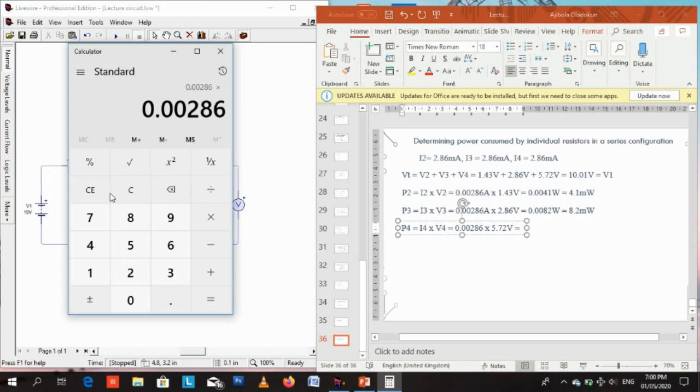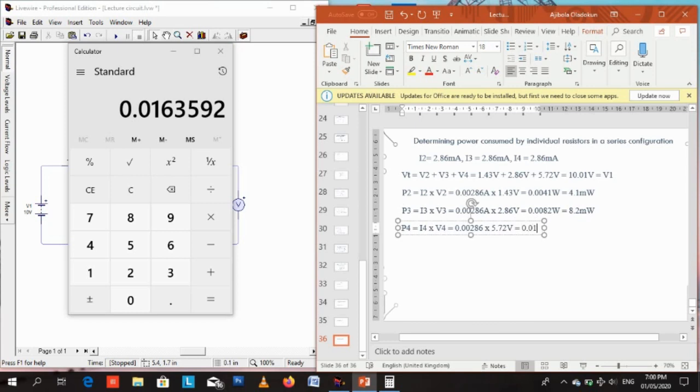The voltage is unique to each resistor, but the current is constant through all of the resistors in series. We multiply that, and it will be 0.0164 watts. If you move the decimal point to the right three times, that gives us 16.4 milliwatts.